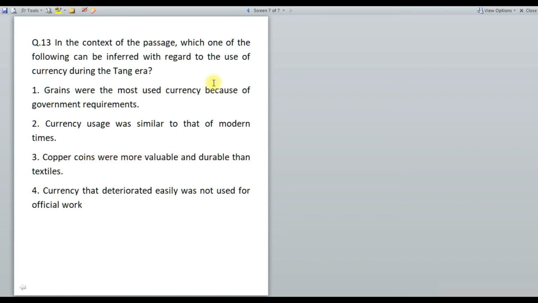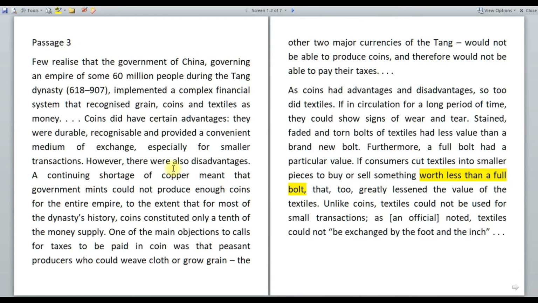If you go back to the passage quickly, you can figure it out that copper coins were more durable, as in the coins were more durable. This is indicated, and here if you read, as coins had advantage, so too did textiles. If in circulation for a long period of time, they could show signs of wear and tear. So durability was definitely better in case of copper coins.